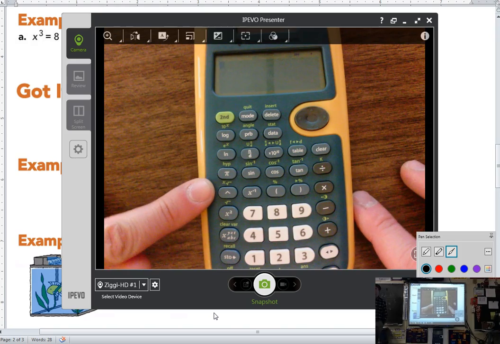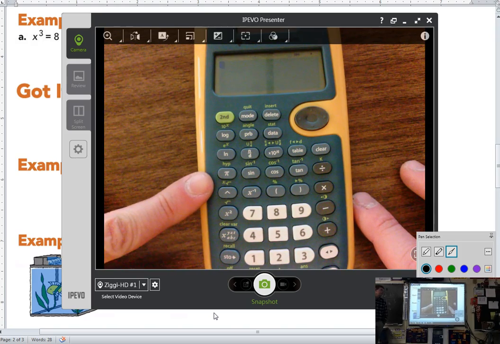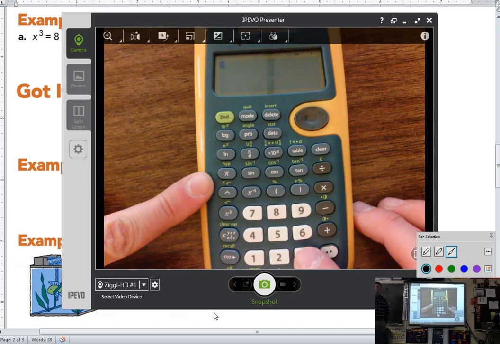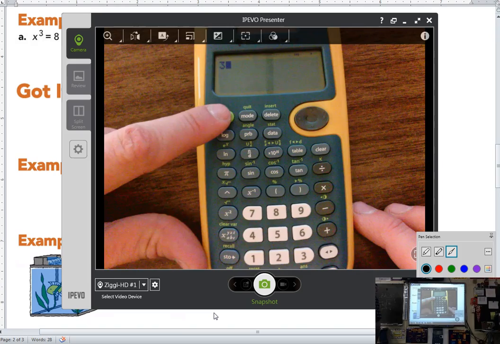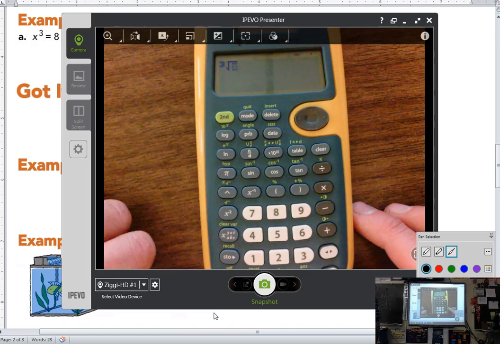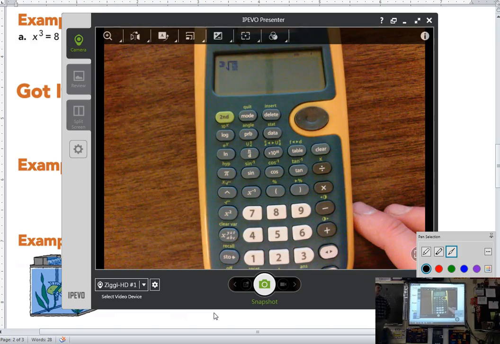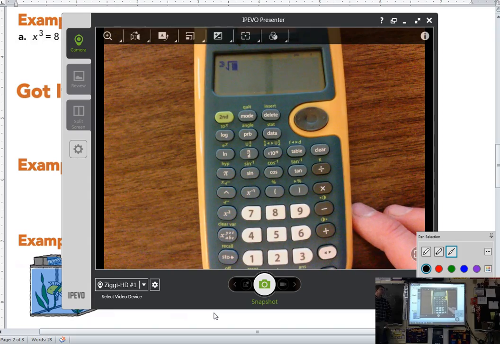So before you hit anything, you have to tell it what root. So I hit 3 for the third root. Then I hit second and that button. Notice it shrinks the 3, like what Aaron's been writing on the notes. That's now saying cube root of whatever you type in.